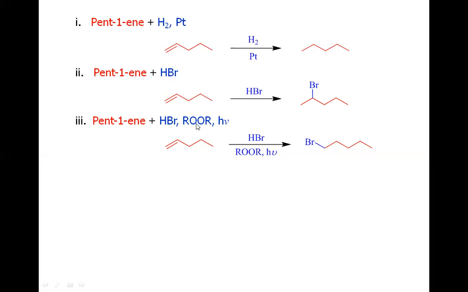Rather, it will be a homolytic cleavage of the dialkyl peroxide into the alkoxy radical in the presence of sunlight. And then this alkoxy radical will abstract the hydrogen radical from HBr to leave a bromine radical.